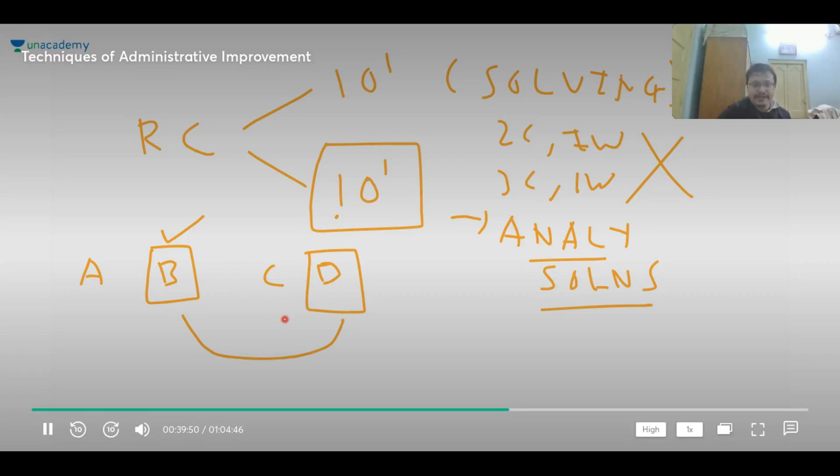In fact, if you've analyzed RC solutions in the past, you would have noticed they explain why options A, C, and D are incorrect, and then they mention why B is correct. Unlike in quants, where they'll directly solve it and say the answer is option B. Unlike that, in RCs, the person writing the solution is expected to write why A, C, and D are incorrect, and then why B is correct.